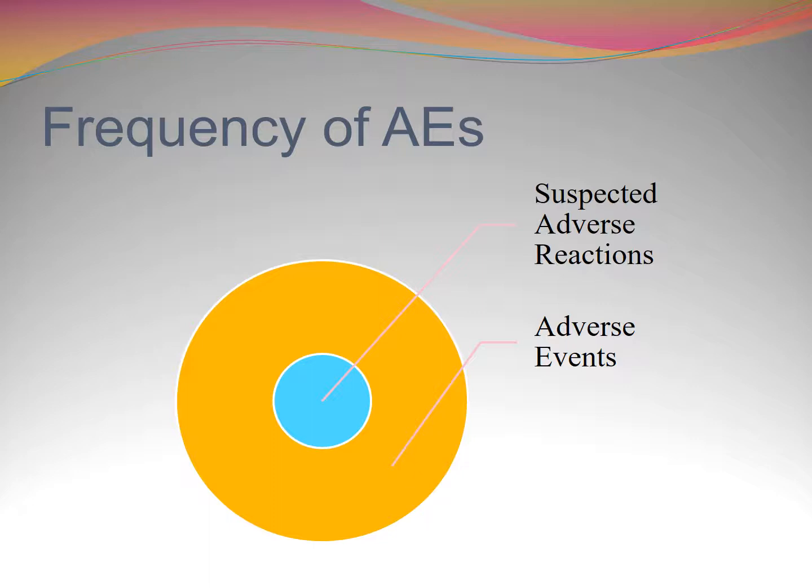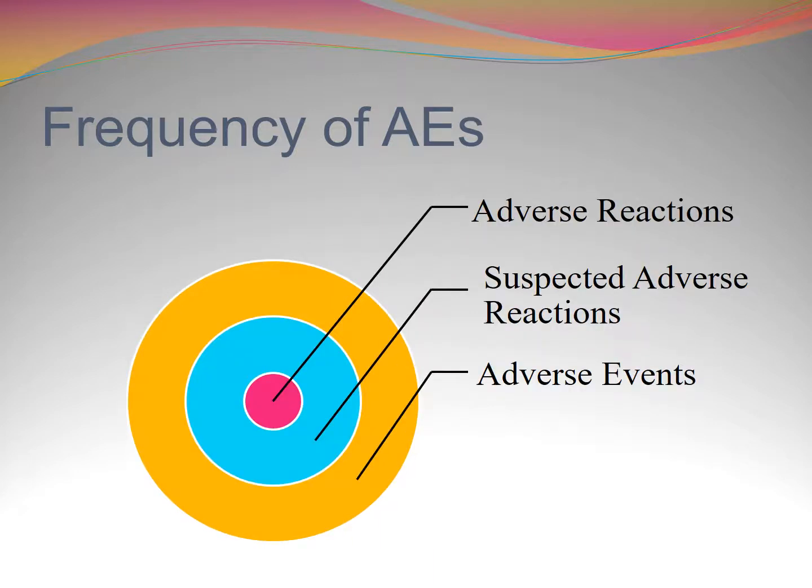This is going to be a much smaller pool of adverse events. This is an adverse event that has a very reasonable possibility that it's the study drug. And then out of that pool, we have a very small subset, the adverse reactions, that says these are adverse events that were definitely caused by the study drug. So maybe that will help you picture the frequency by which these events happen.